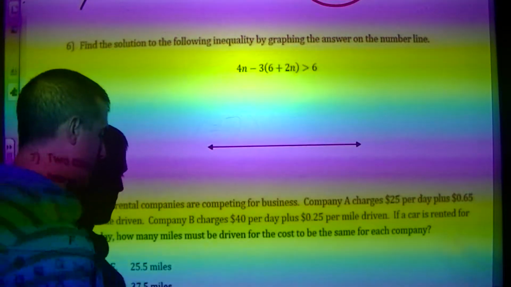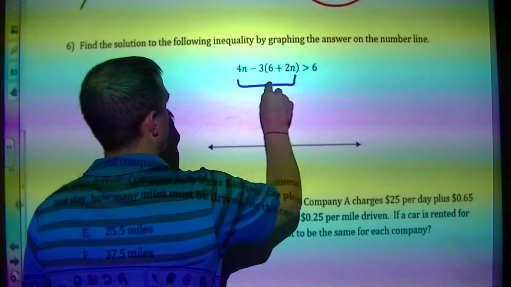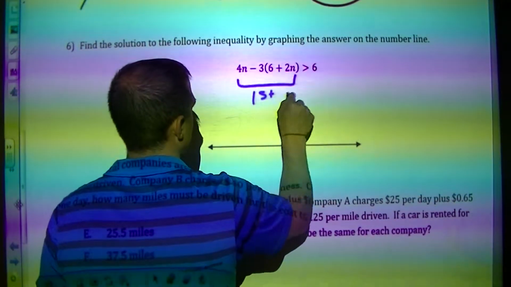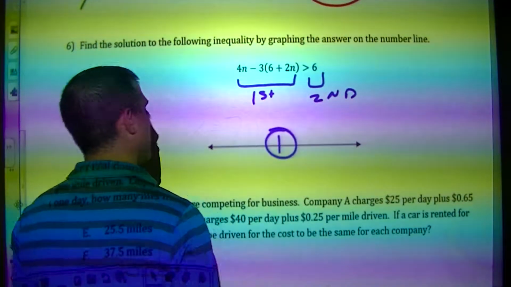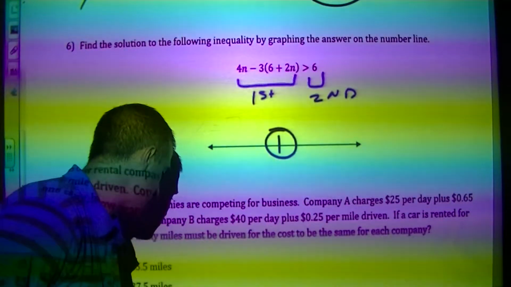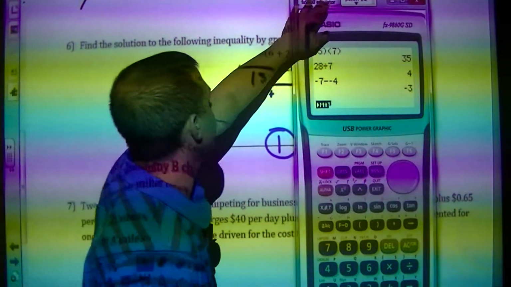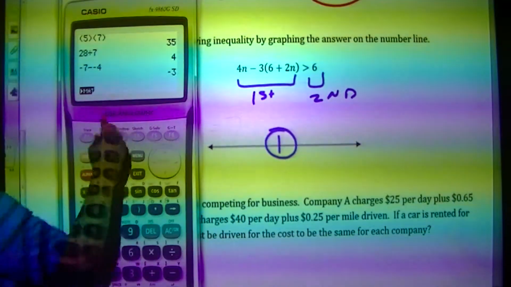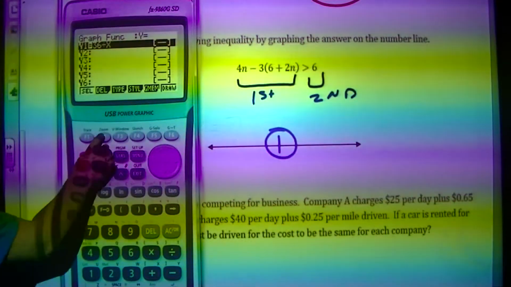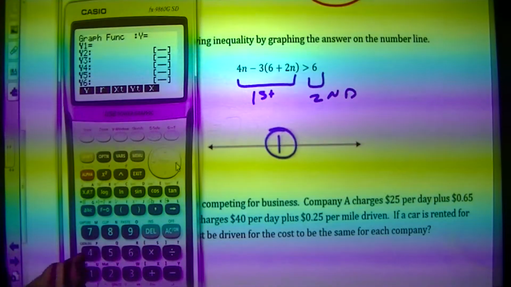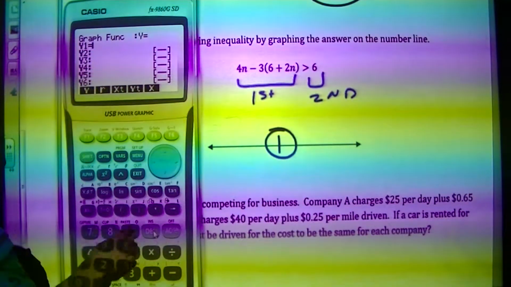An inequality. First line, second. Since it has that inequality, I know it's going to be an open circle. As you can see, it's eating the value that I want. When I go into graph, whoops, let me go back.